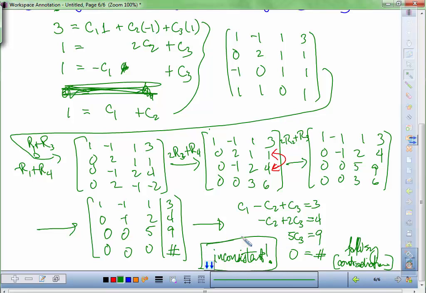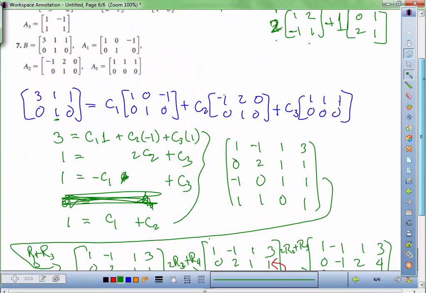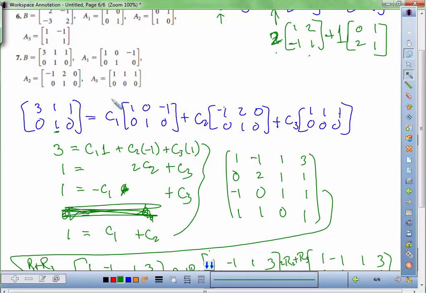And because it's inconsistent, we can't find a C1, C2, C3 so that B is equal to that.